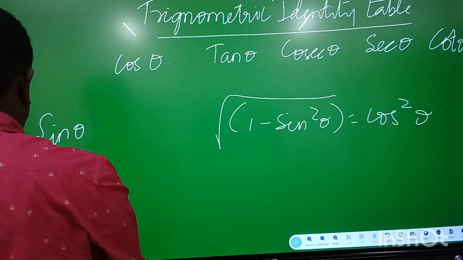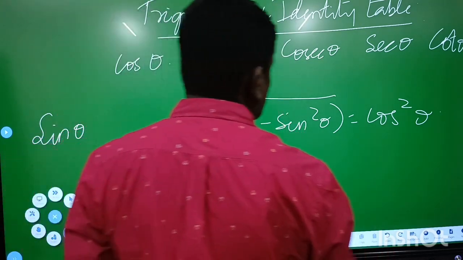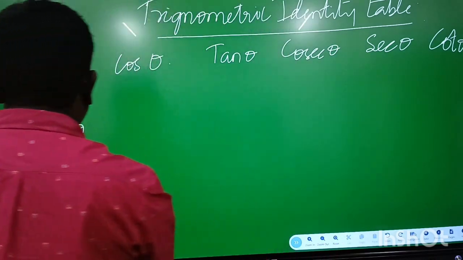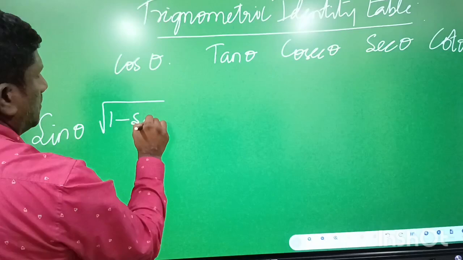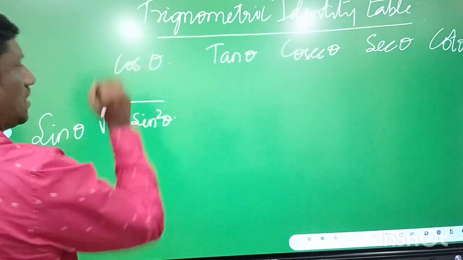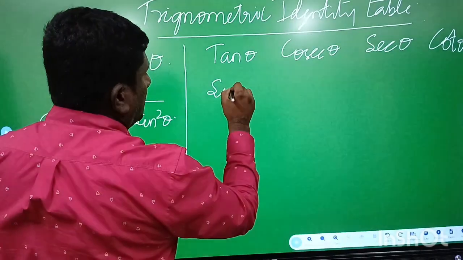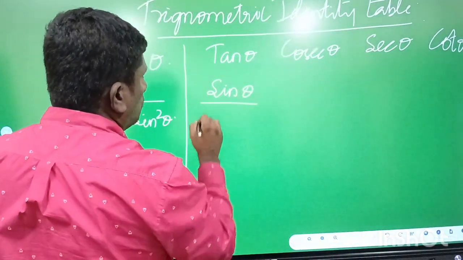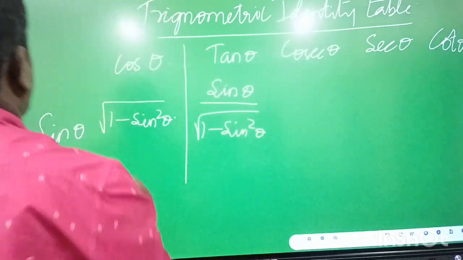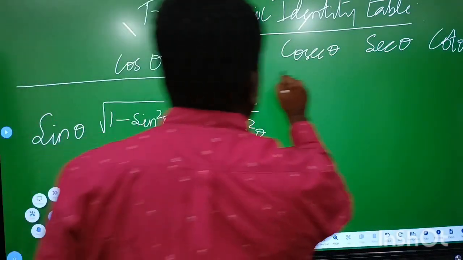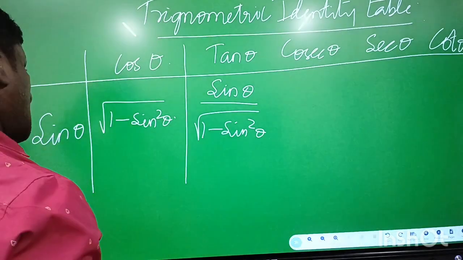So root of 1 minus sin square theta is cos theta. Alright. Now for tan theta it is sin theta divided by root of 1 minus sin square theta, because we have already proved here that cos theta in the form of sin theta is root of 1 minus sin square theta.